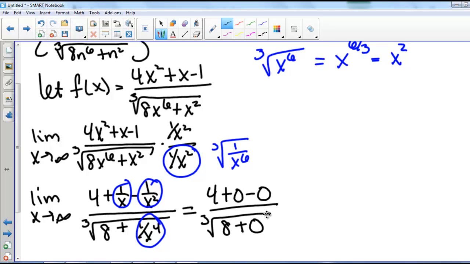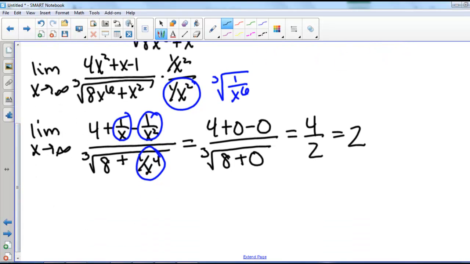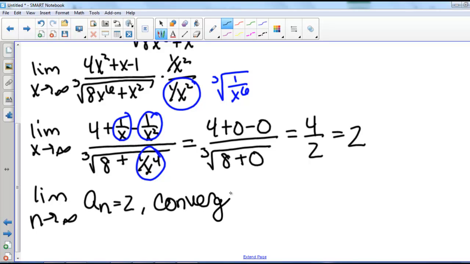So that equals 4/2, which equals 2. So this tells us that the limit as n goes to infinity of our sequence a sub n equals 2 and converges.